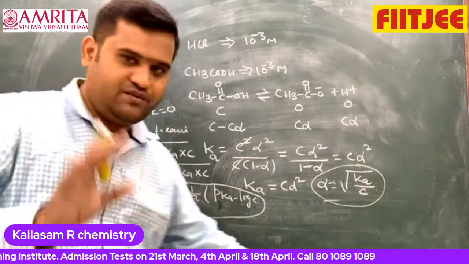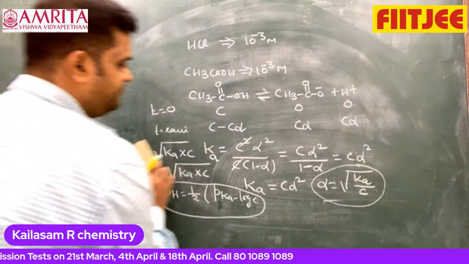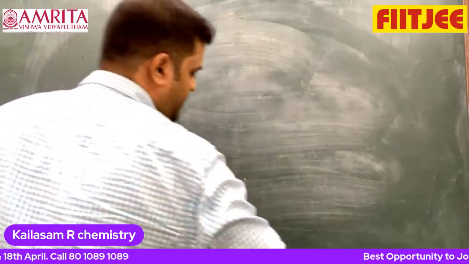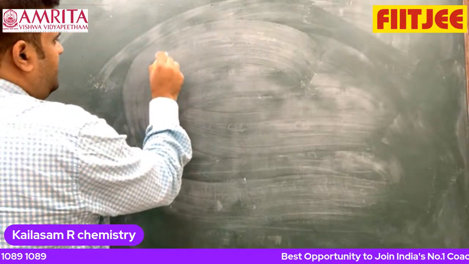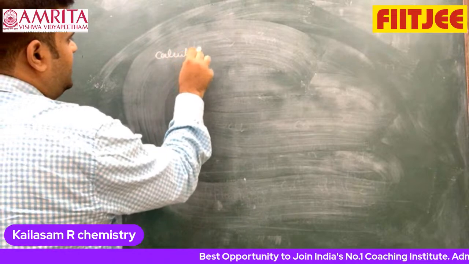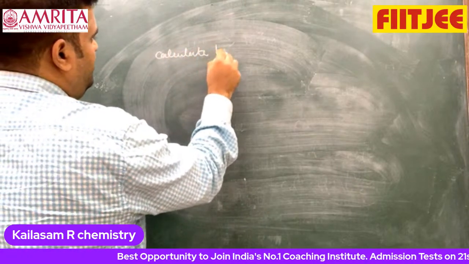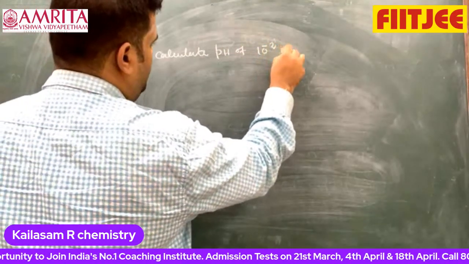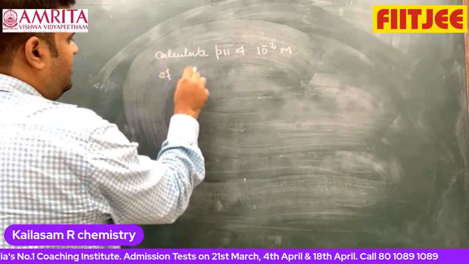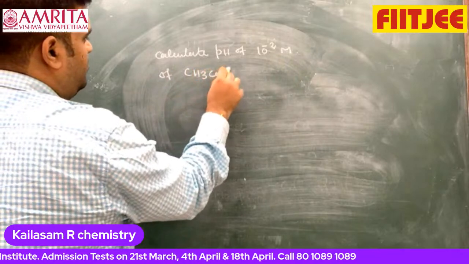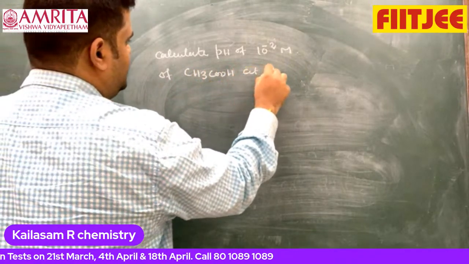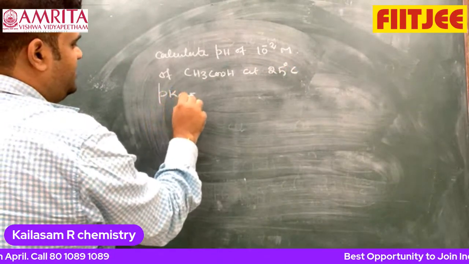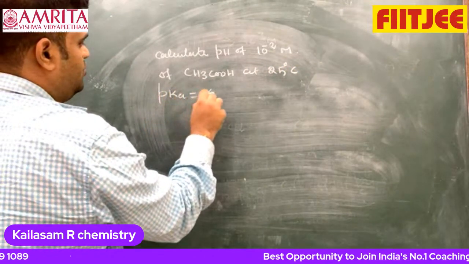So now we'll go to one question, very simple question. Calculate pH of 10 power minus 2 molar CH3COOH at 25 degrees Celsius. pKa is equal to 4.74.